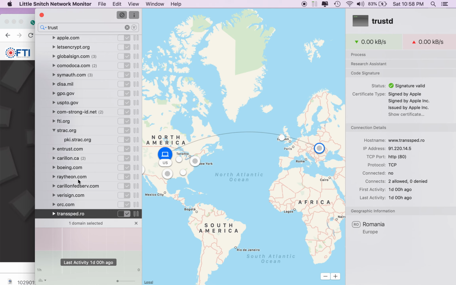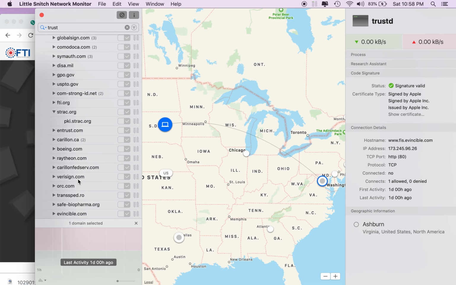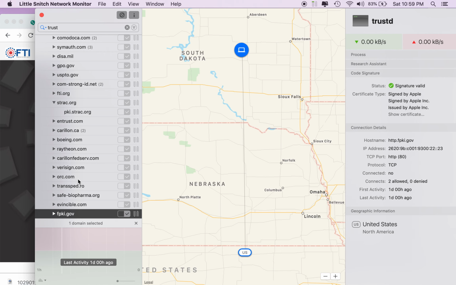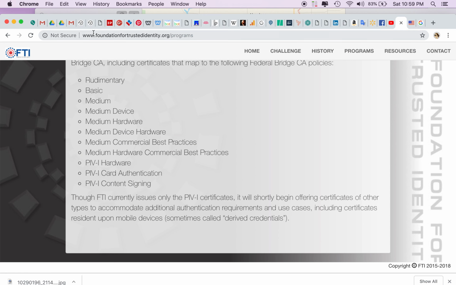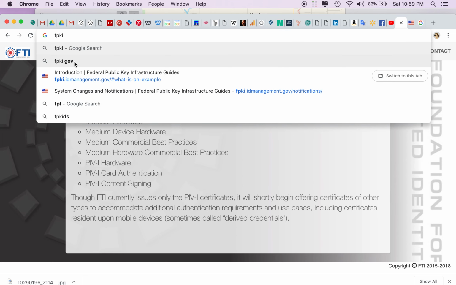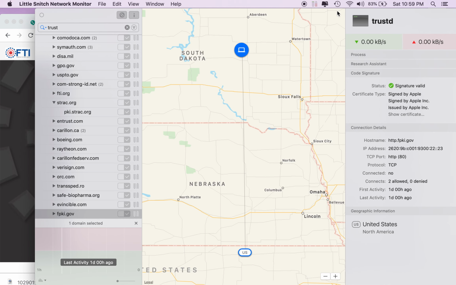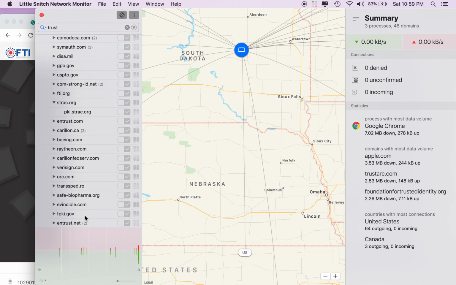Orc.com, Transped.ro, Romania. Safe Biopharma was put on again last night. And eVincible, fpki.gov. And let's check that again. FPKI. Oh, the Federal Public Key Infrastructure. So they were also on there.